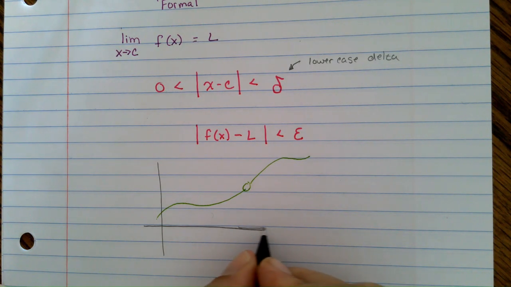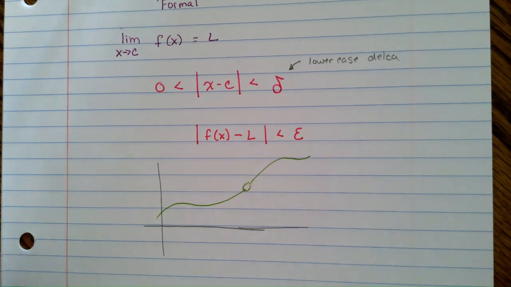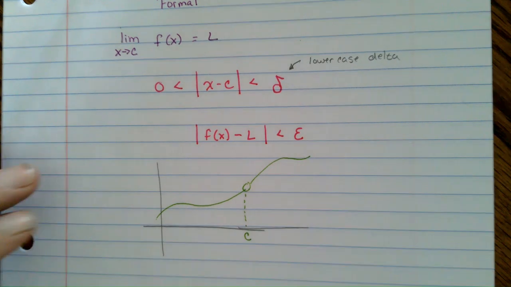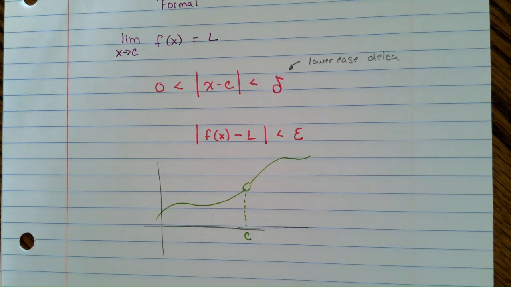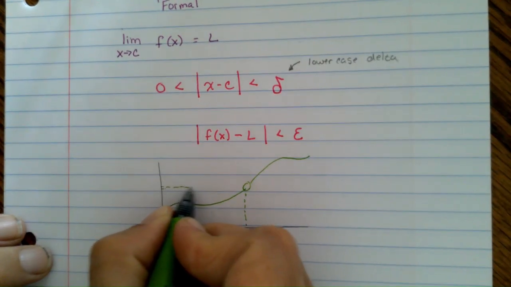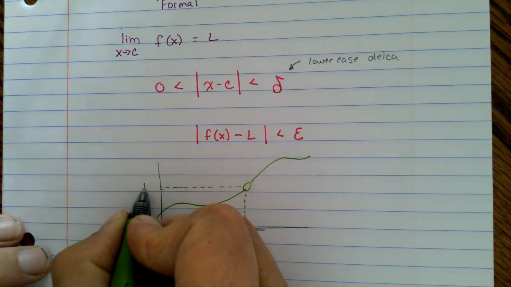I'll extend this out. This is going to be my c value, right? Because x has to approach something. And what it's approaching is L.